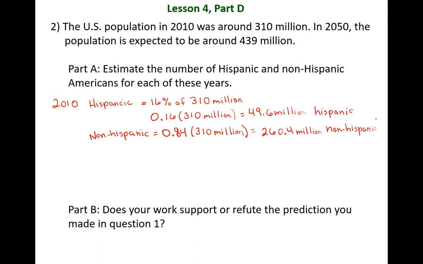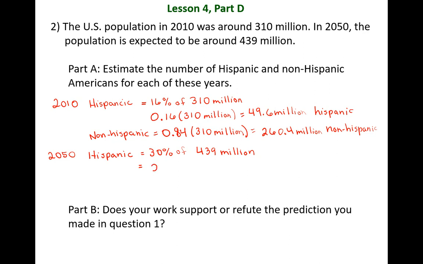All right, let's see how that's going to look when we get to 2050. In 2050, they're saying that the Hispanic population will be 30%. So 30% of how many people will there be? 439 million is the current estimate.